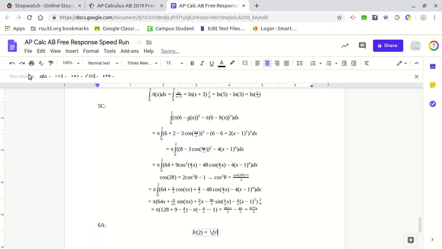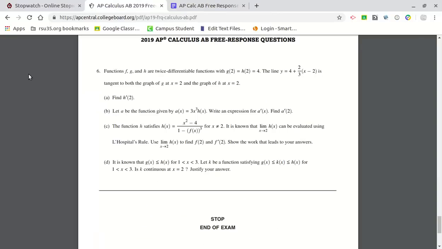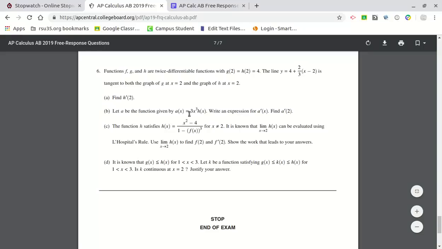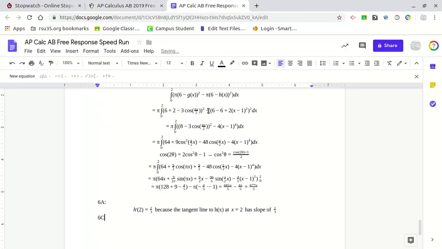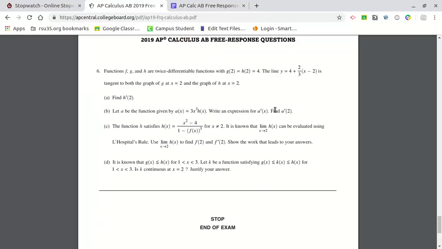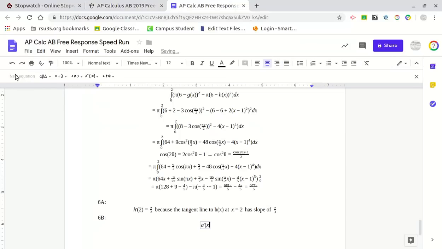So h prime of 2 is 2/3 because the tangent line to h of x at x equals 2 has slope 2/3. Let a be whatever this is. Find a prime of 2. First find a prime of x. A prime of x is product rule: 9x squared h of x plus 3x cubed h prime of x.